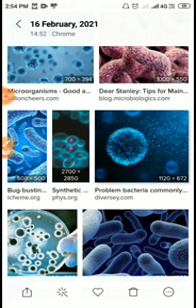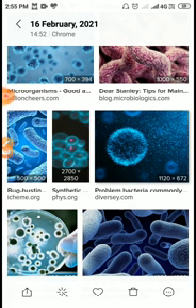Bacteria are of several types on the basis of their shape, on the basis of their staining, and on the basis of whether they are beneficial or harmful. So my dear students, these are on the basis of shape.